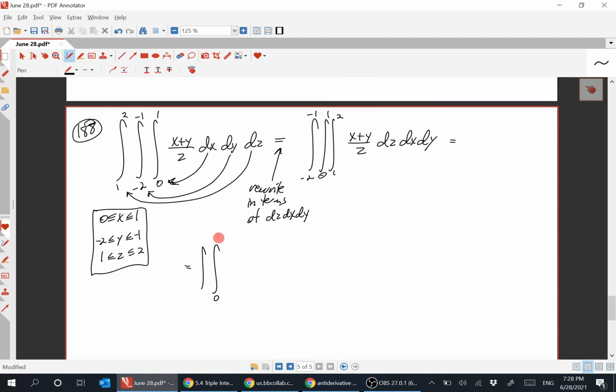So this is 0 to 1, -2 to -1, x plus y times the natural log of z, from z equals 1 to z equals 2, and what's left is dx dy. So this is natural log of 2 minus natural log of 1.